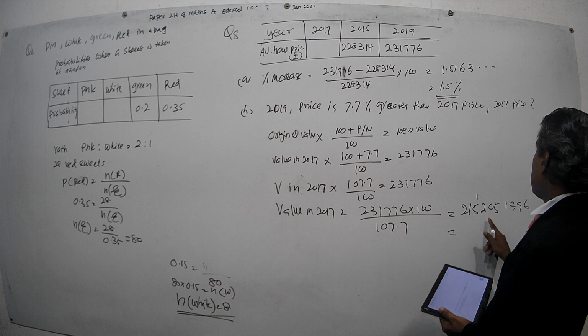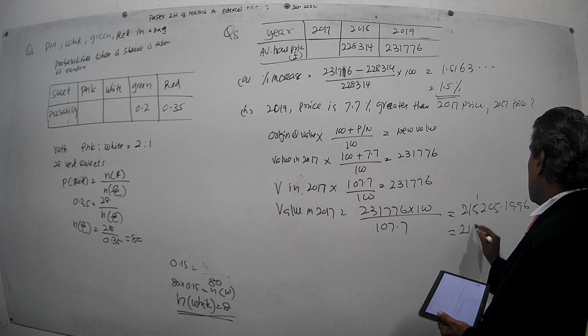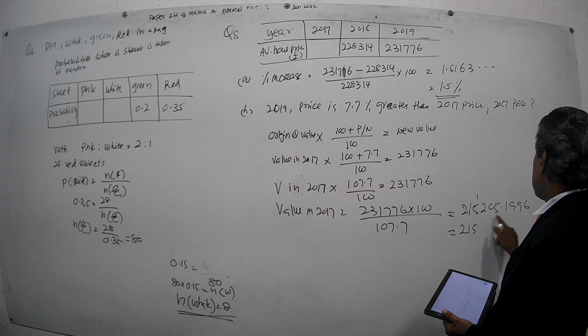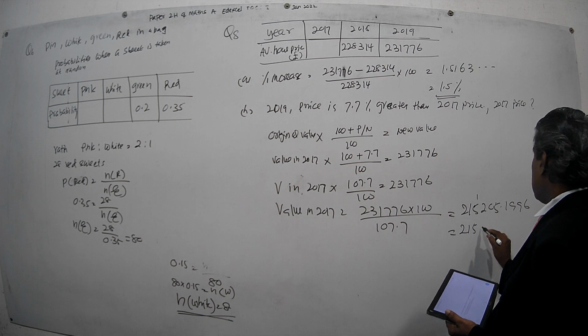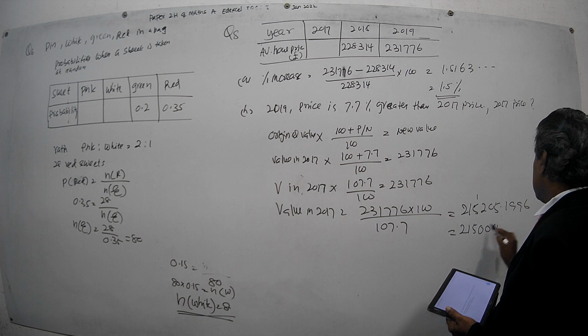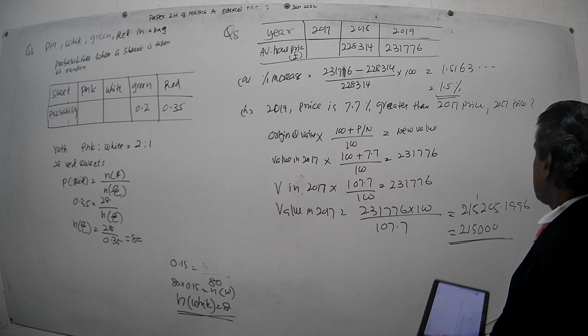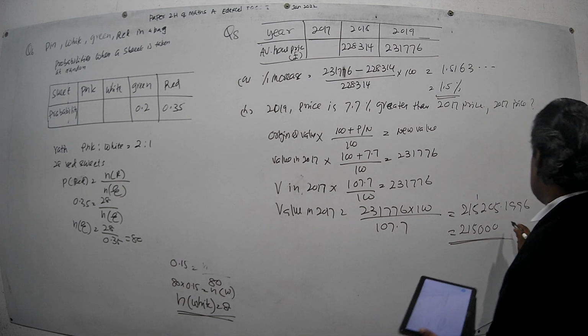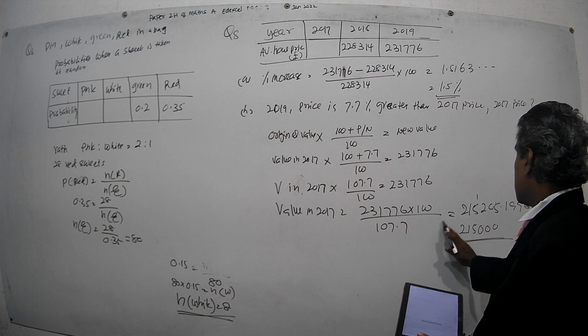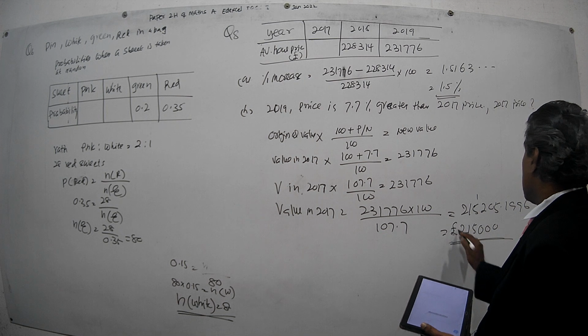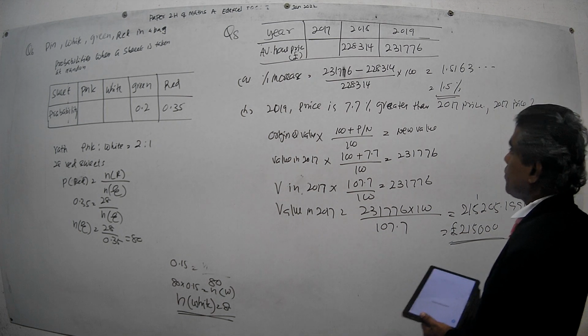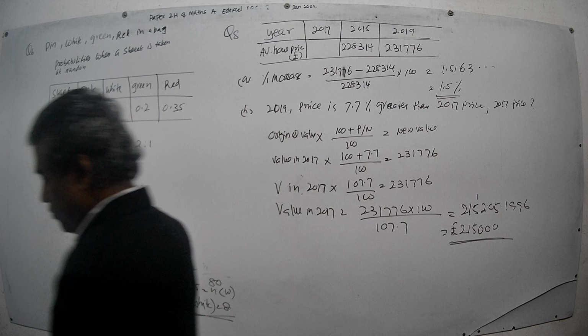It is less than 5, so no addition. Therefore you write 215,000, putting zeros for the rest because these are whole digits, not decimals. What is that? Dollars? No, sorry, pounds. Okay.